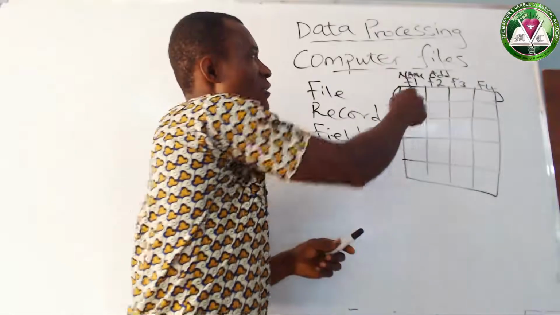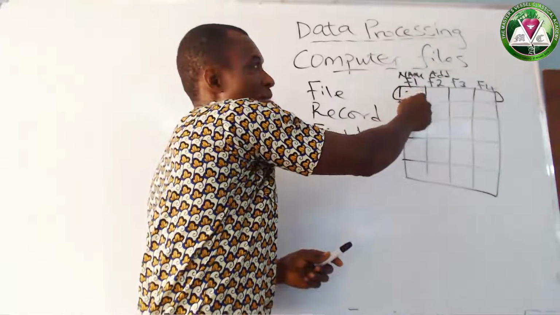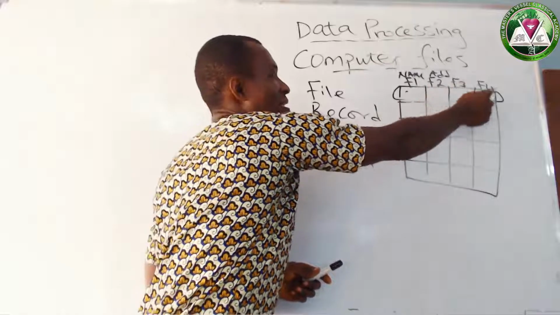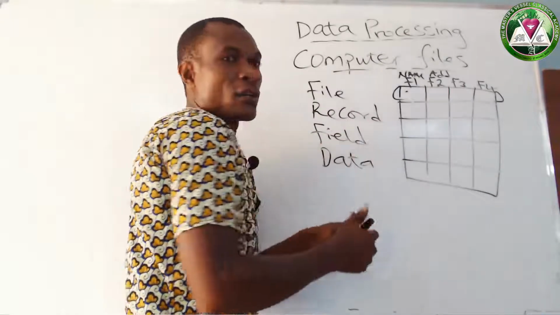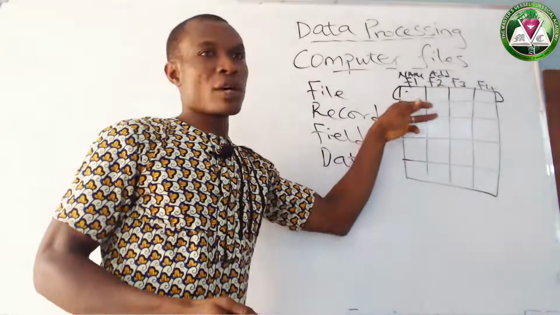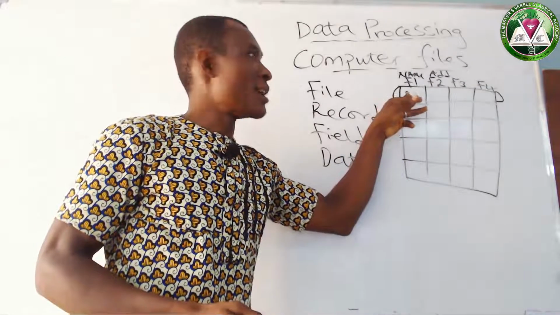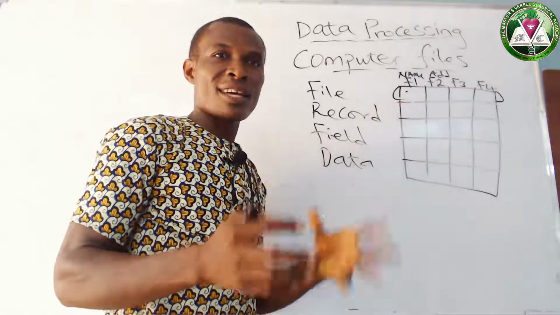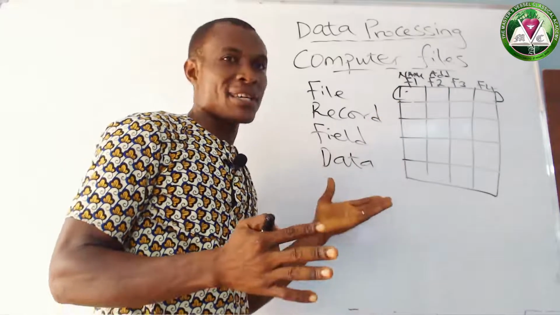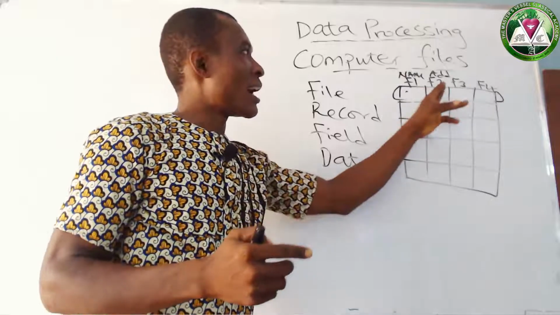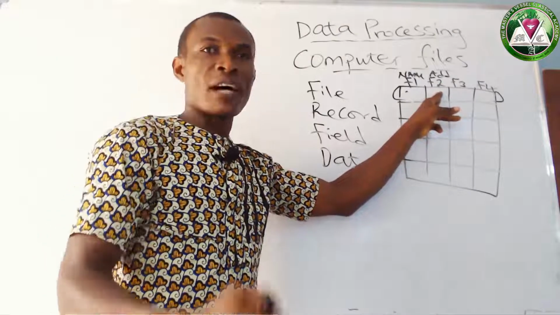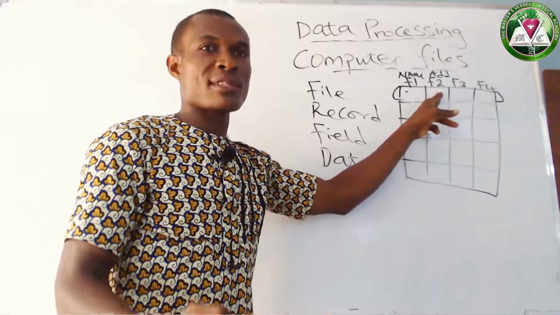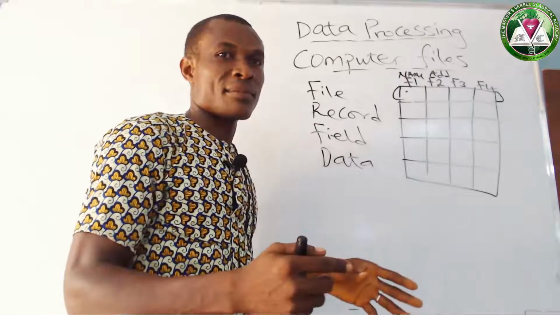On the other hand, the individual data items you have entered inside these cells will give rise to a particular field. For example, if I enter Emmanuel here, that becomes the data item there. Another thing here, maybe the address is Road 5 Low Cost Housing Estate. Another data item.